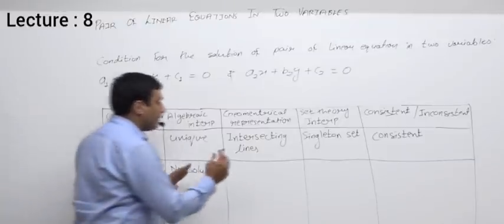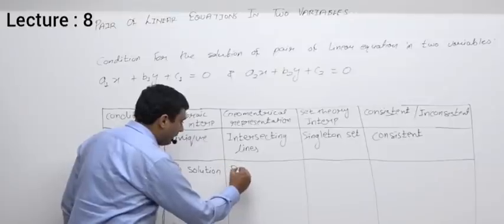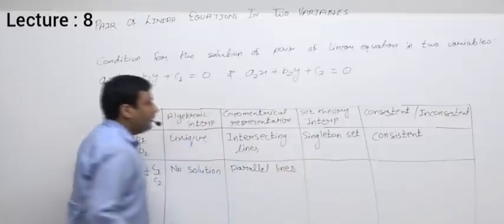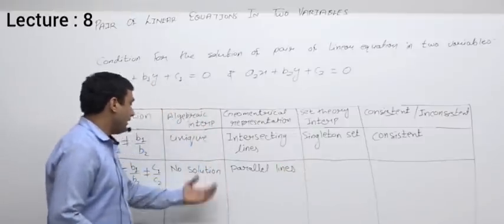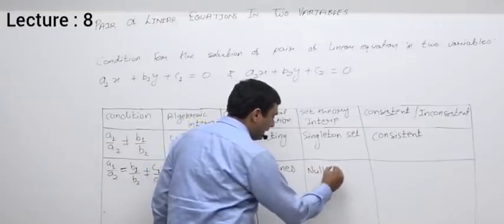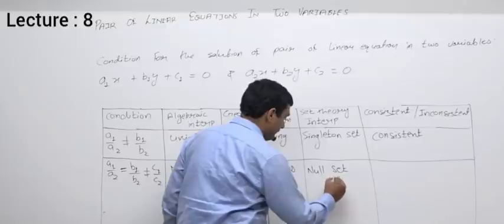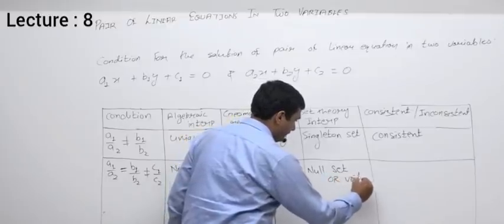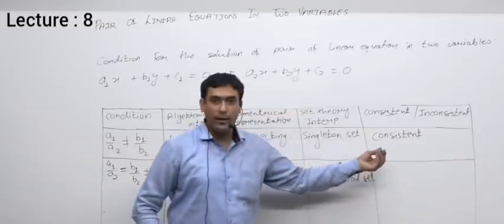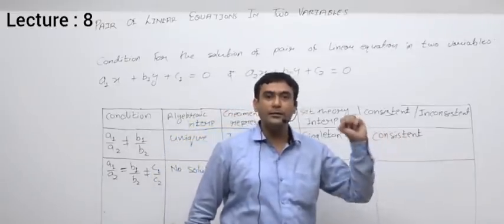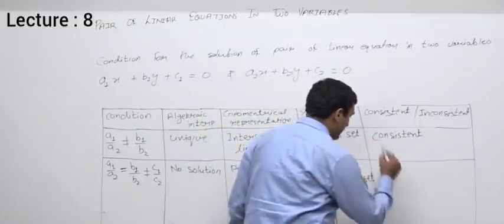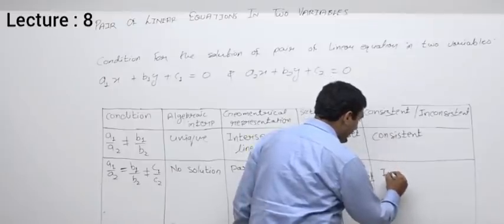In terms of set theory, as the lines are not meeting, we are not getting any solution, so I will get a null set or void set. Now in terms of consistent and inconsistent, consistent means we should get at least one solution. Here, as we are not getting any solution, the pair of equations is inconsistent.